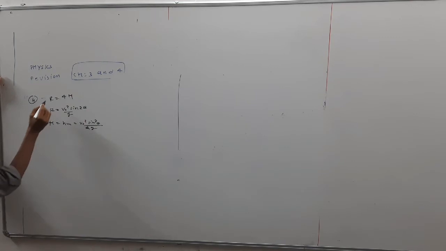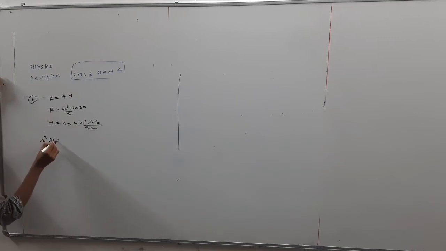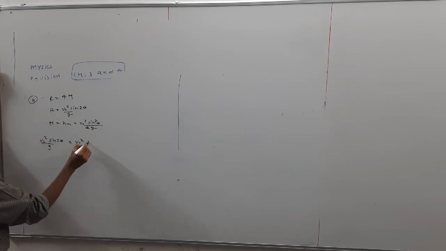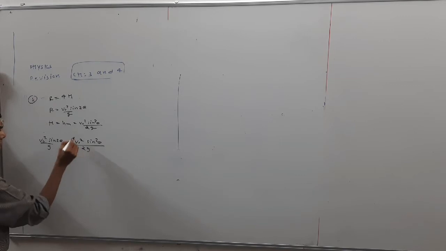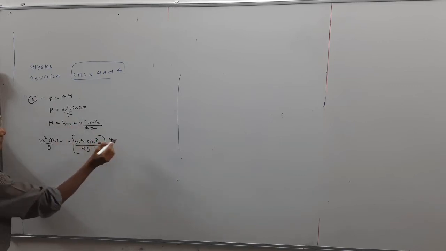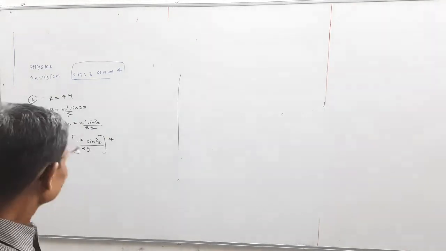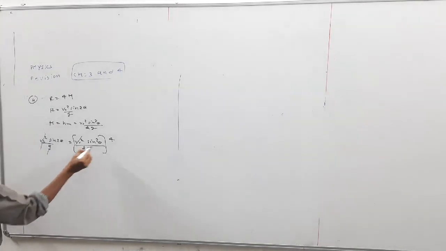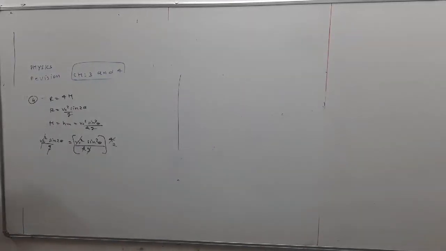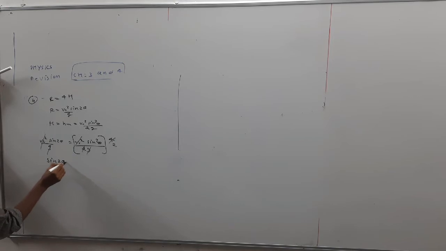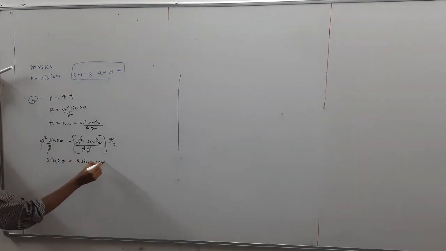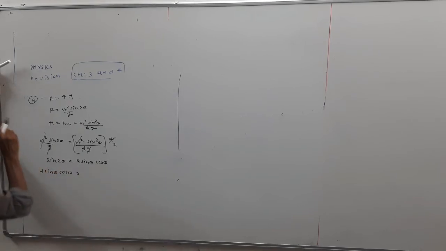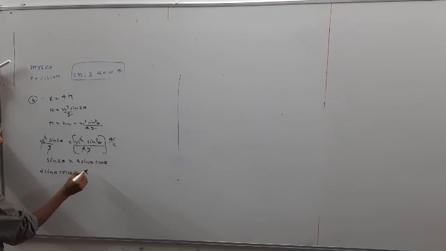So if I substitute this value, V0 square sin 2 theta upon g equals 4 times V0 square sin square theta upon 2g. Now we have to simplify. So V0 will vanish, g also. Now sin 2 theta is 2 sin theta cos theta, and that equals 2 sin square theta.